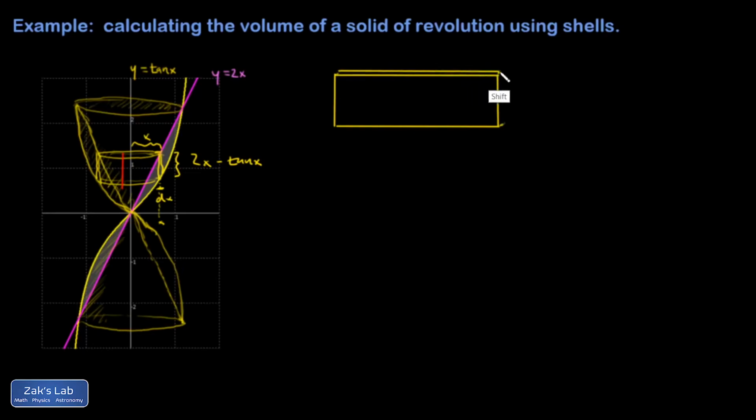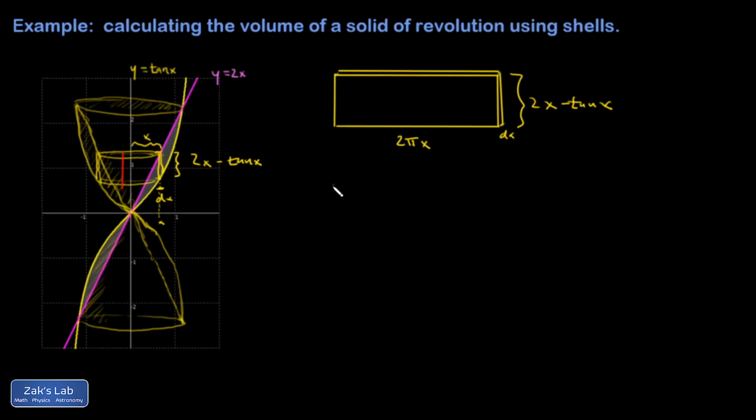And the little differential thickness there is just dx. And my height was 2x minus tangent x. And then my length of this slab is the circumference of the shell when it's rolled up. So that's 2 pi x.